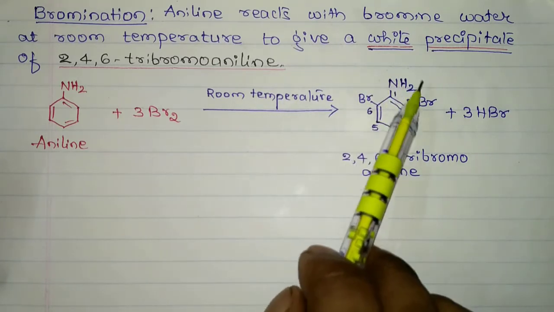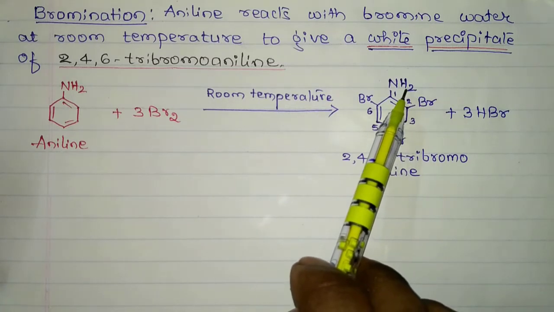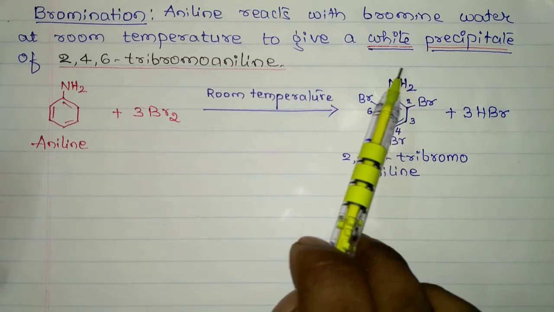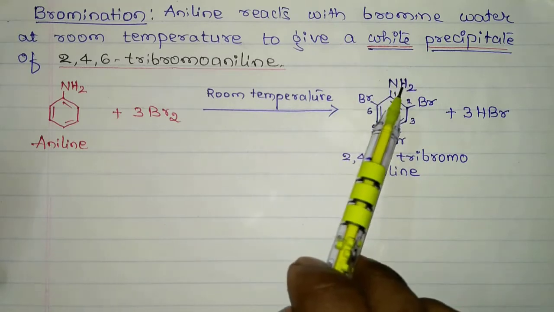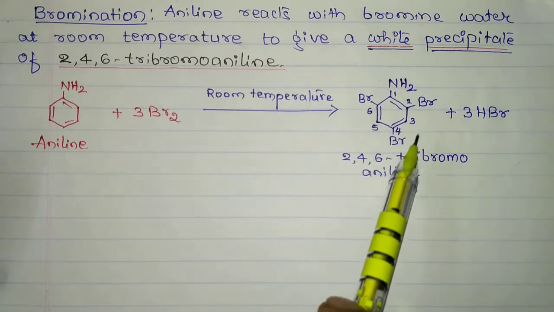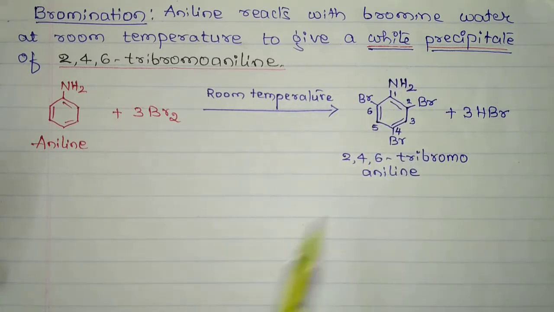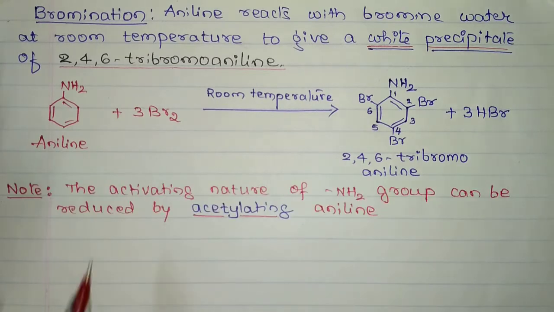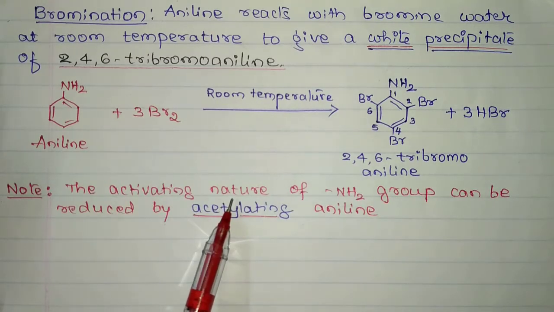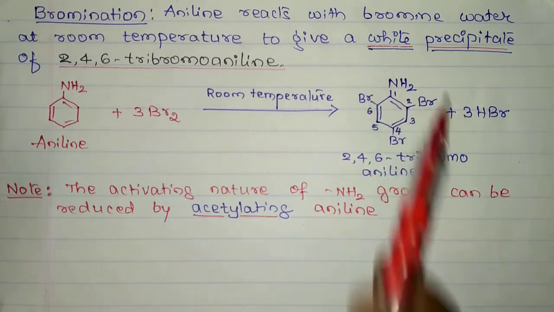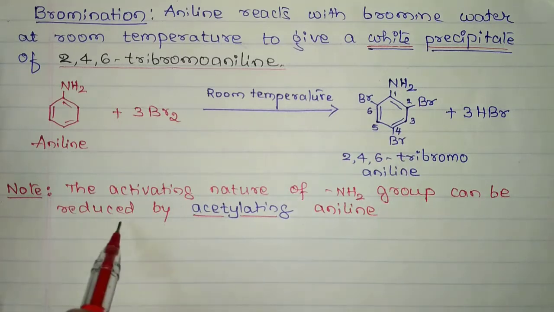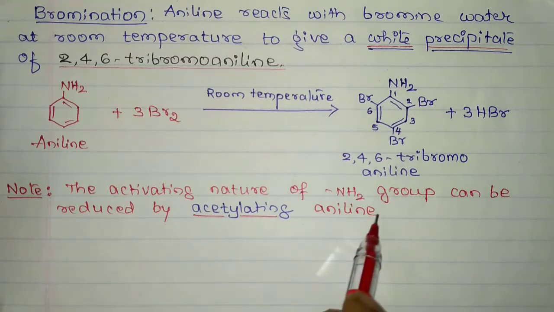That process is called masking. We deactivate the NH2 group so that we can get only the monobromo product. The activating nature of this NH2 group can be reduced by acetylating aniline.